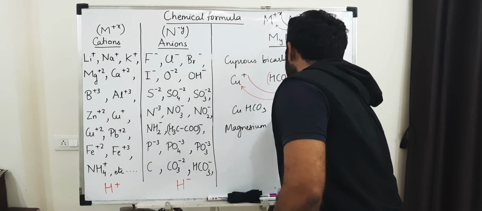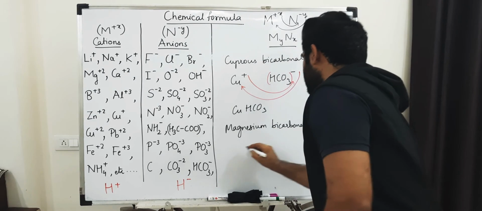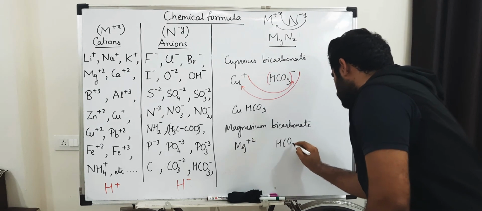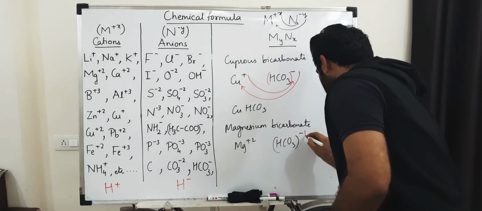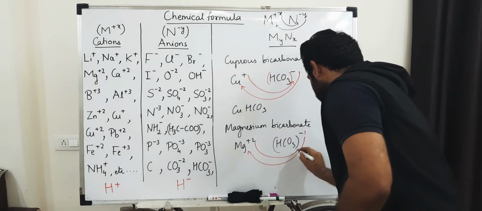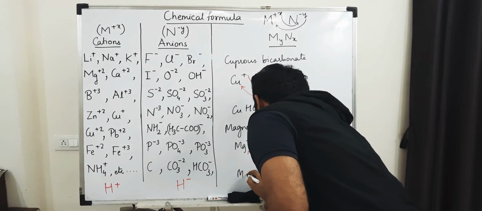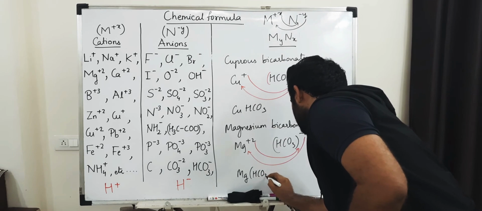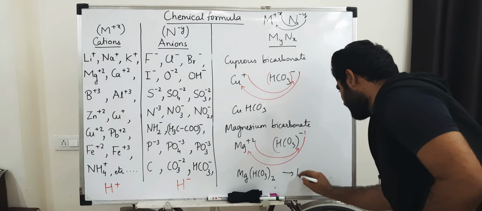If I talk about magnesium bicarbonate, magnesium Mg plus 2, bicarbonate HCO3 minus. Again the same exchange, so it results in formation of Mg1, so I am not writing 1, HCO3 whole twice. Again the same thing, right?